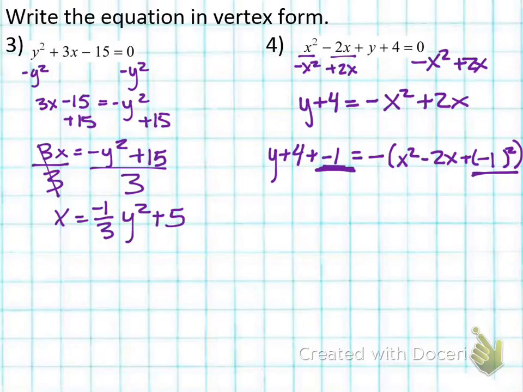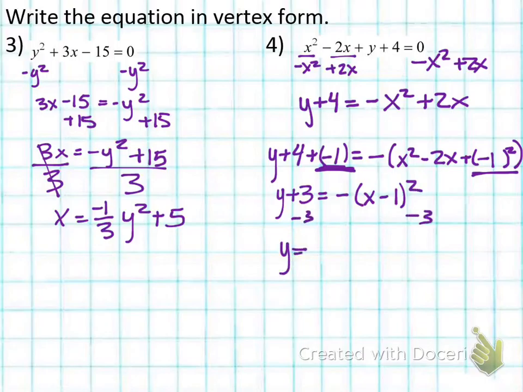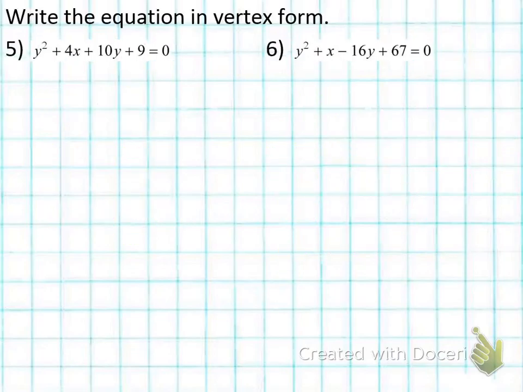And then I can factor and simplify. On the left, I just get y plus 3, and on the right, I get negative x minus 1 squared, and I can solve for y by subtracting 3. So I get y equals negative x minus 1 squared minus 3 as my final answer.